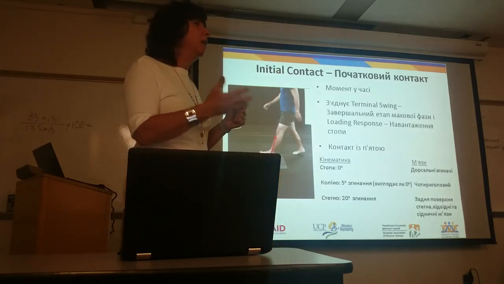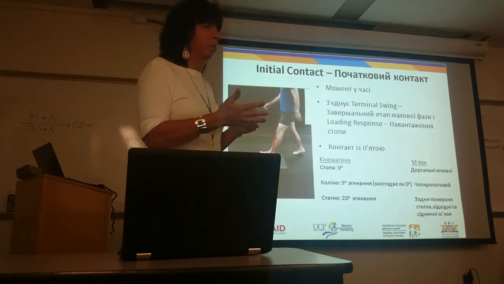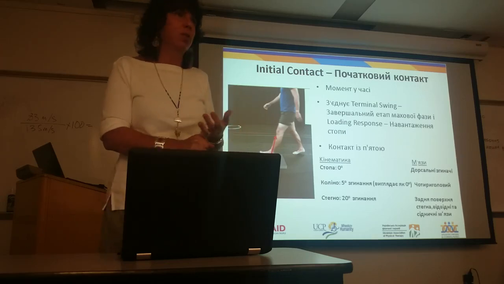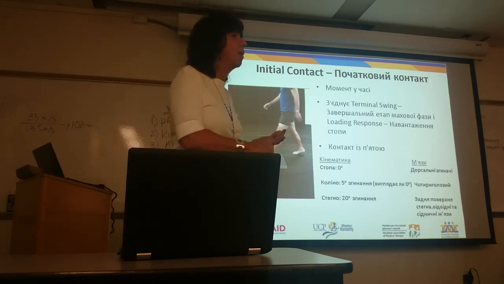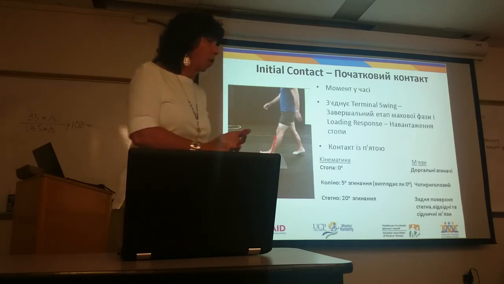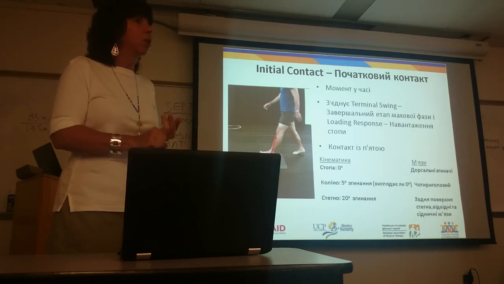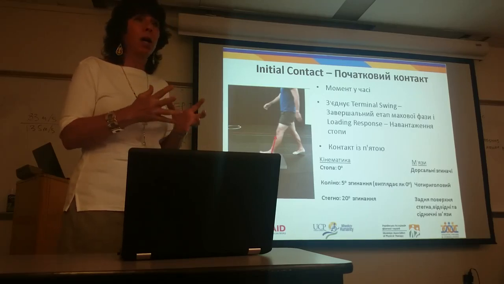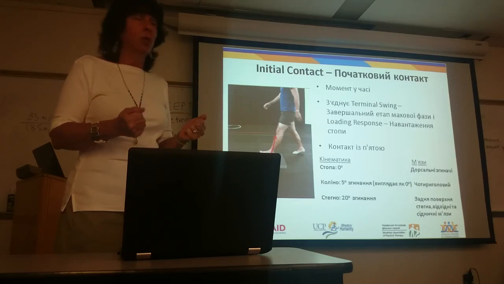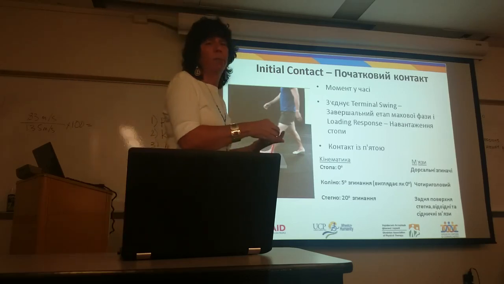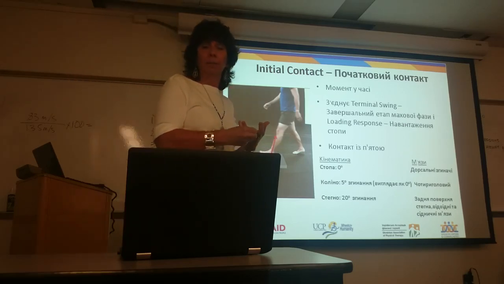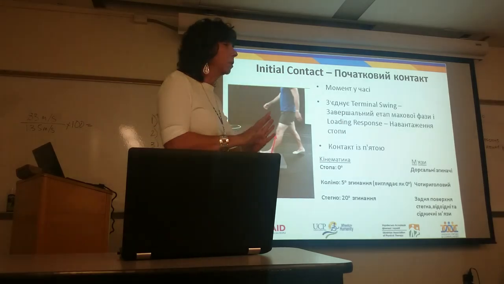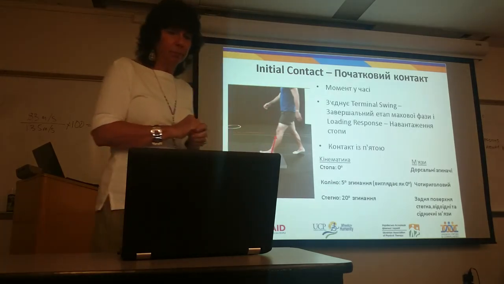Then using the term heel strike becomes more cumbersome, because you have to say they didn't have a heel strike, and then you have to say how they did contact the floor. So instead the term initial contact was developed, and now we talk about how they contact the floor, either with the heel or typically the forefoot or foot flat. But that's what you learned about when you learned about heel strike.